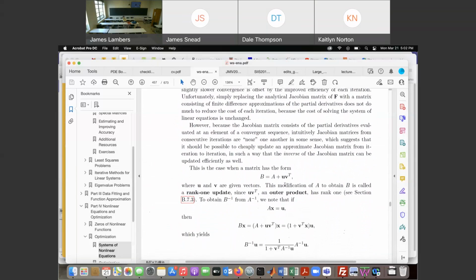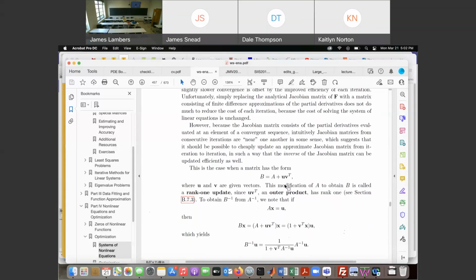I don't know off the top of my head, but my hunch is it would be superlinear convergence, like the secant method, which also relies on an approximate derivative. That's really what we have going on here. I'll look it up. Okay, so that'll do it for systems.